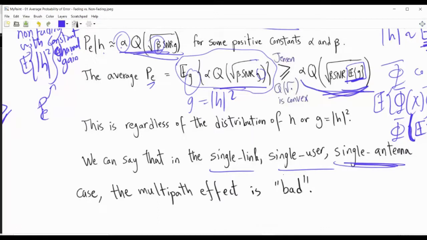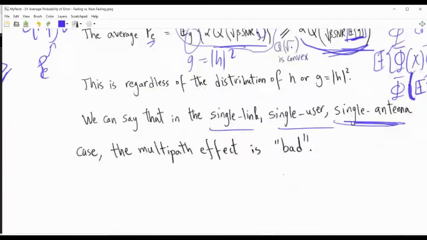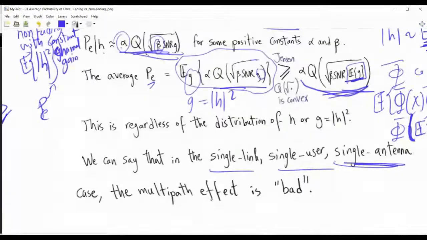You can make something good out of it. But if you just stick to a single link, single user, single antennas on both sides of the communication link, then fading is bad. Any questions?